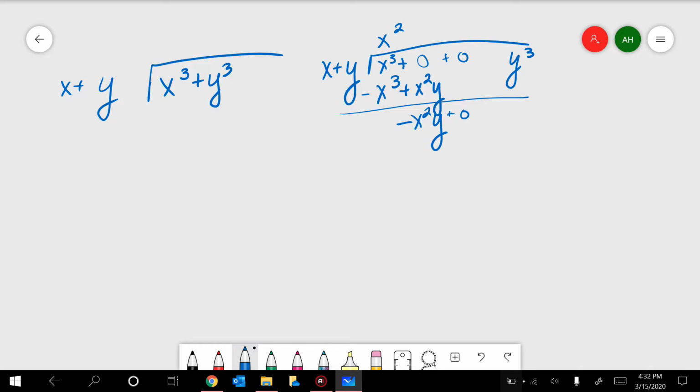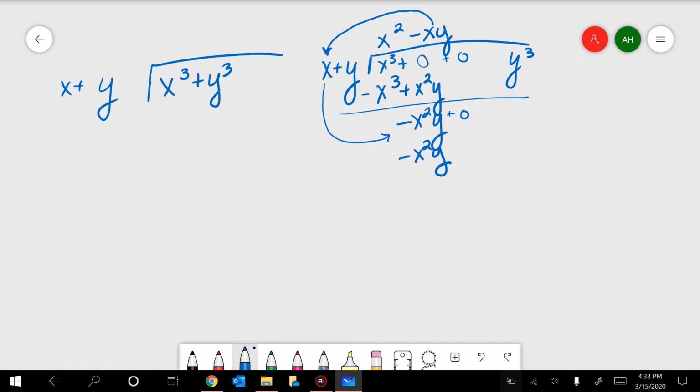What do I need to multiply x by to get negative x squared y? I'm going to have to multiply this by negative x, excuse me, negative xy. When I multiply negative xy by that right there, I'm going to get negative x squared y.